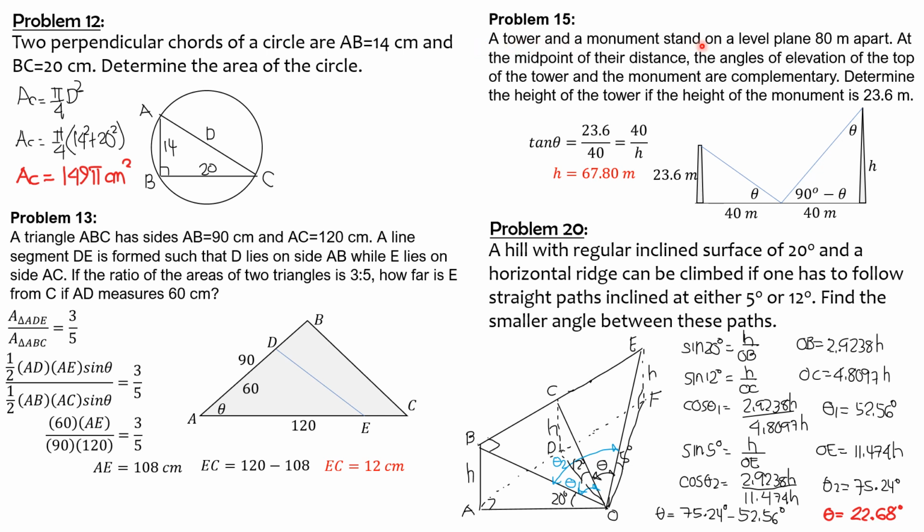A tower and a monument stand on a level plane 80 meters apart. At the midpoint of their distance, the angles of elevation of the top of the tower and the monument are complementary. So if I call this angle of inclination theta, then the other angle should be the complement of theta, 90 degrees minus theta.